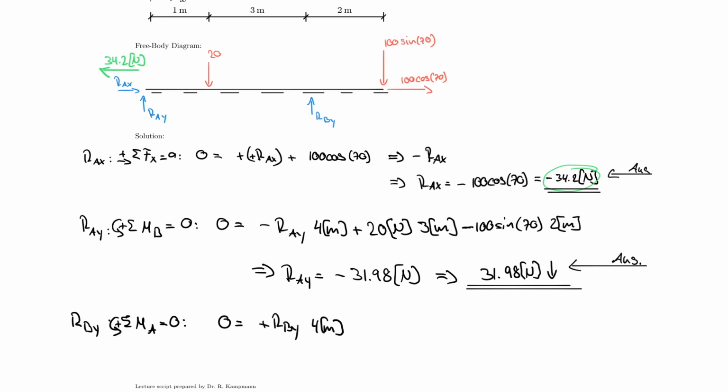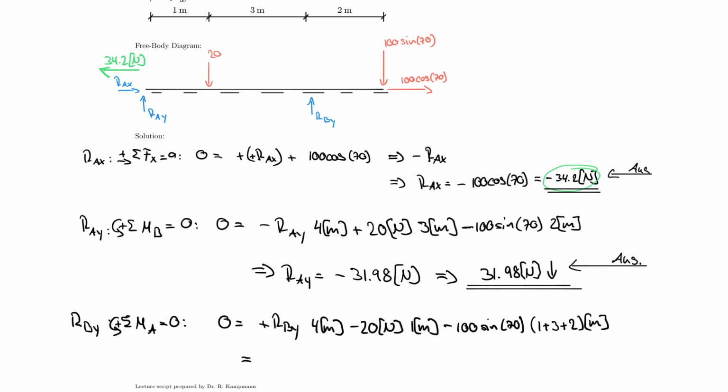Now I need to consider the 20, so the 20 Newton, and that is multiplied by 1 meter if we turn about point A. Yes, and then we have a rotational sense that is clockwise, therefore it's negative. And last but not least, I need the 100 sine 70, which has a lever arm of 1 plus 3 plus 2. So 1 plus 3 plus 2 meters, just to have that properly in your notes. And that is turning clockwise, therefore it's also negative.